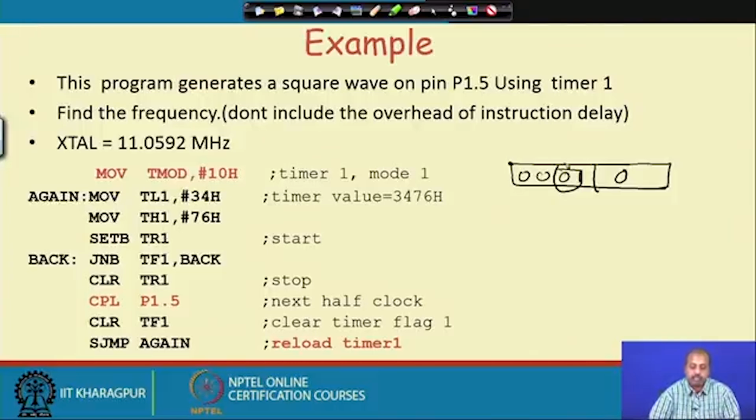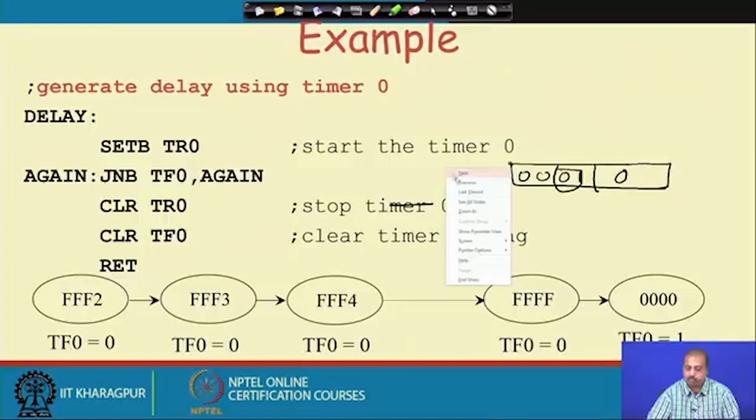Then we are initializing this timer with the value 3476 hex, so TL1 is loaded with 34 and TH1 is loaded with 76. I think there is a problem here.